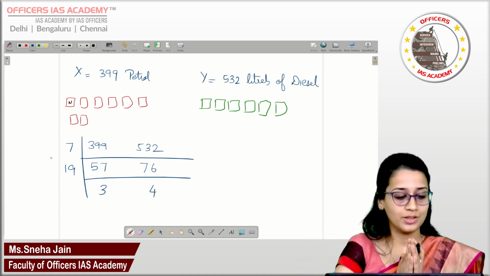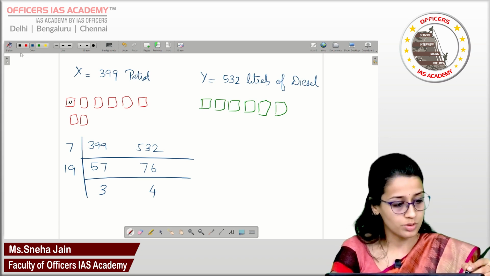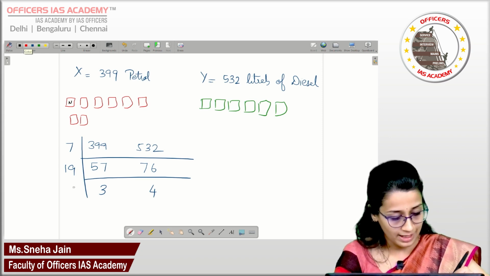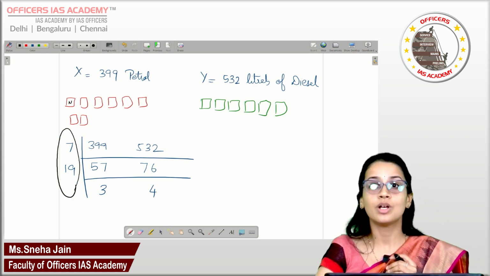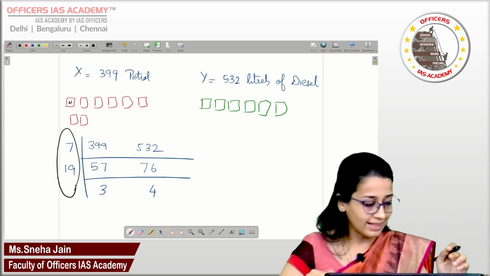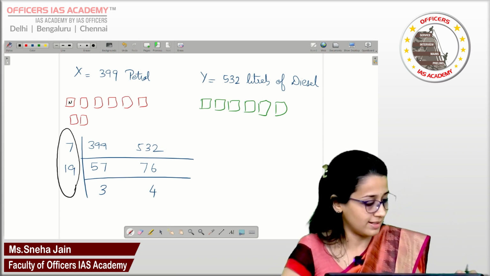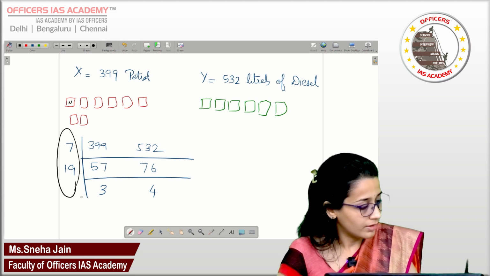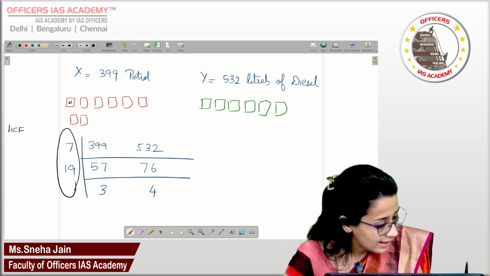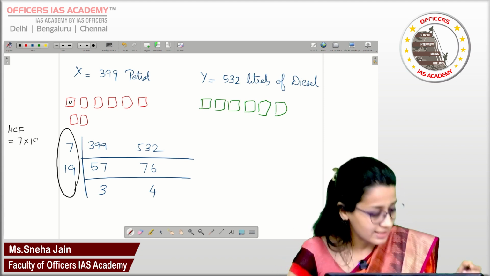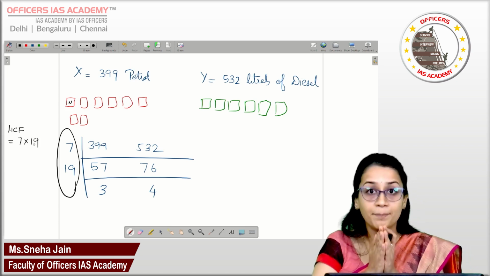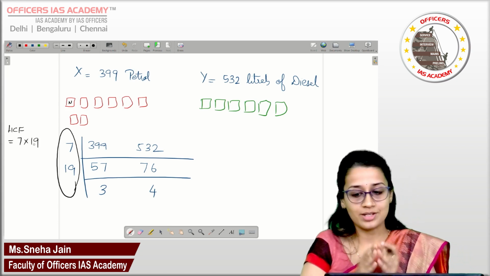So whenever we are doing HCF, I've always told students, be clear that we will take only these values. So what does this mean? The HCF of these two numbers is nothing but 7 into 19. Have you understood? But what is the question asking you?